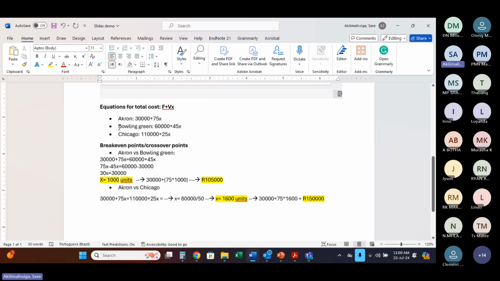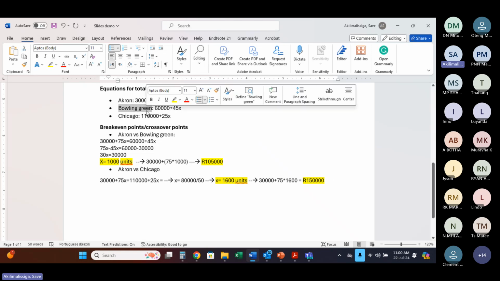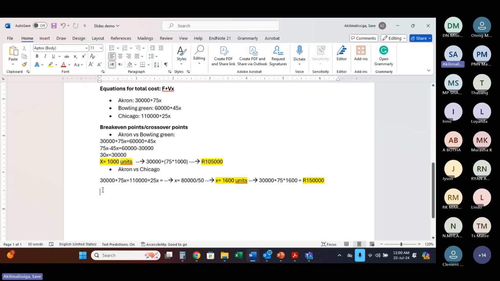Now, the other combination that we can come up with is Bowling Green and Chicago. So here we're going to have Bowling Green, and this is Chicago.